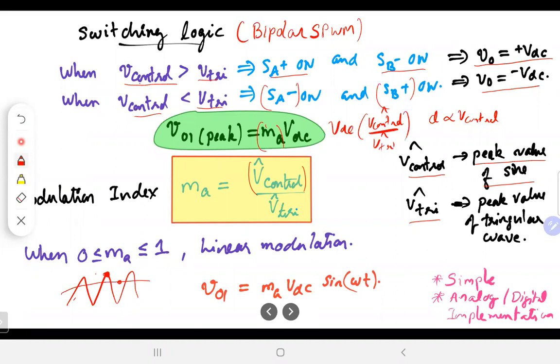So this will be my VO1. By controlling the peak value of V control, I should be able to have any desired voltage, so long as the V control peak is smaller than the V triangle peak. We'll see why that is important.